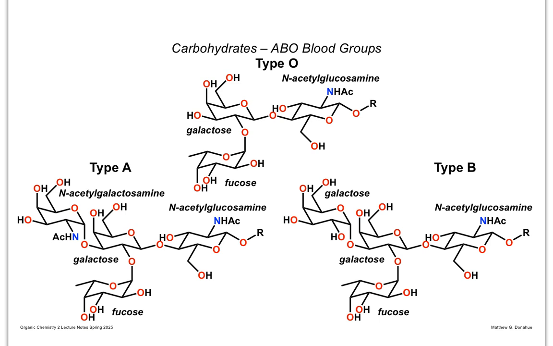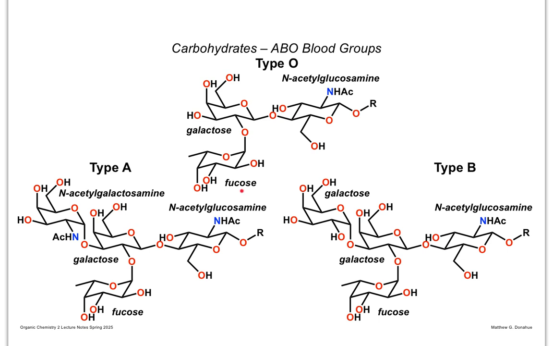So structurally, this is what they look like. Here's the type O, that's unmodified. If we look at this stuff right here, we can see that there are 3 sugar residues. This one to the top left is called galactose.